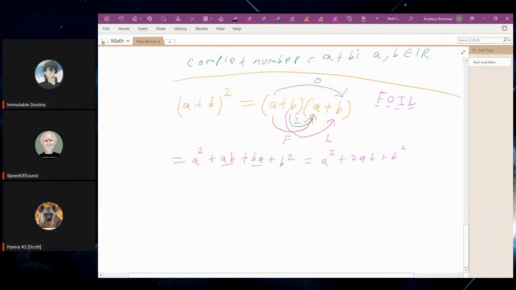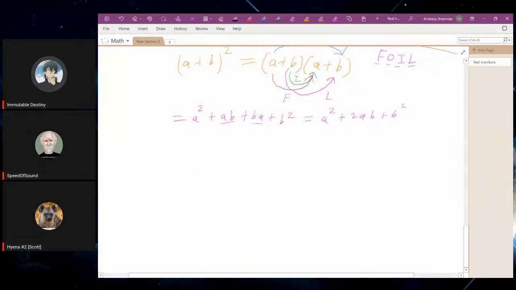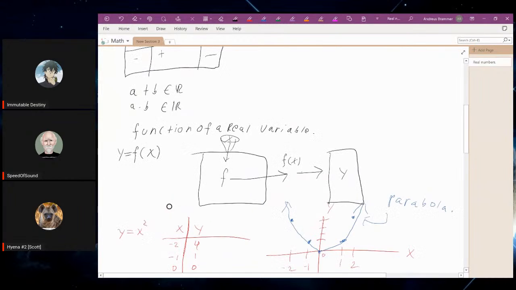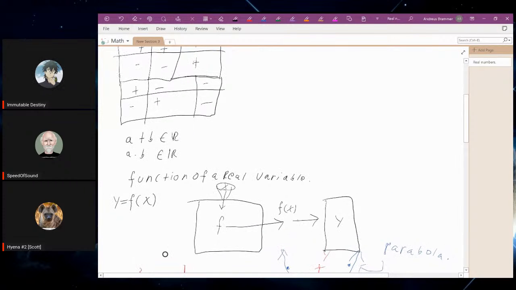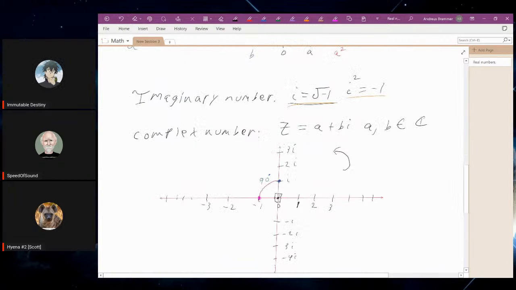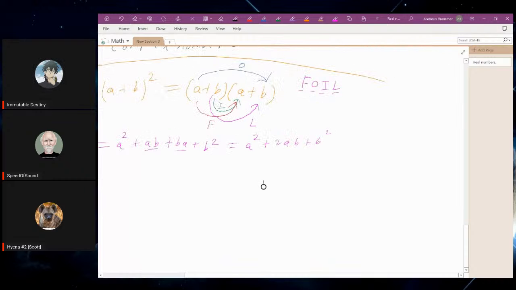And importantly, there's one last interesting thing about this. Earlier we made mention of the fact that a plus b is a real number, and a times b is a real number as well. And since we just performed multiplication, we can do a little bit better. A times a, that's real.